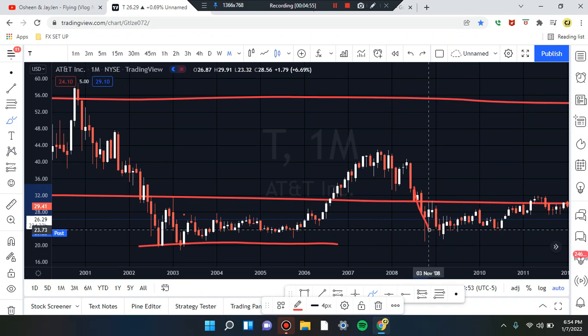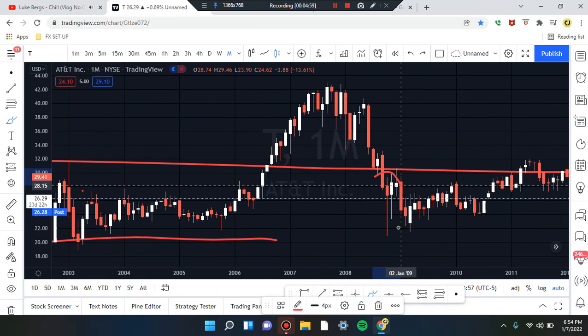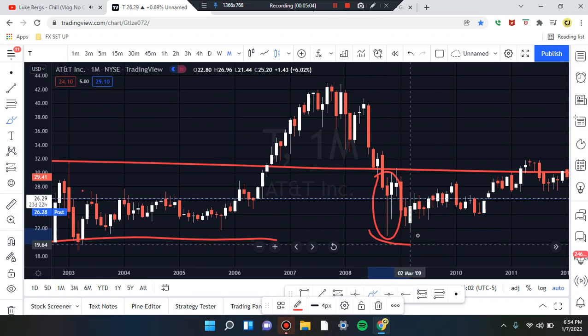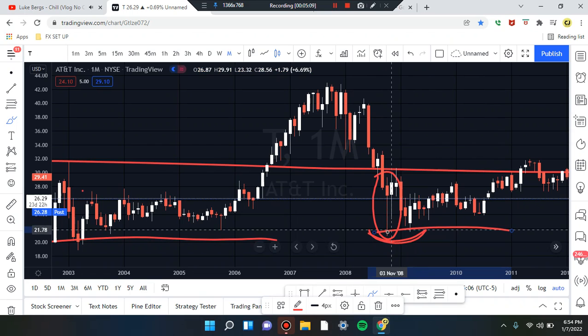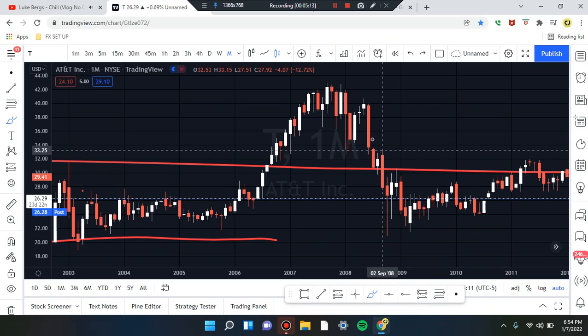Market broke the area of support. Okay, so we also see this red candle here. It's a spike down to a low, could be an area of support, strong area of support, which it was. Market couldn't break that after that. Market came back to return, so that's the break and retest of the overall structure.